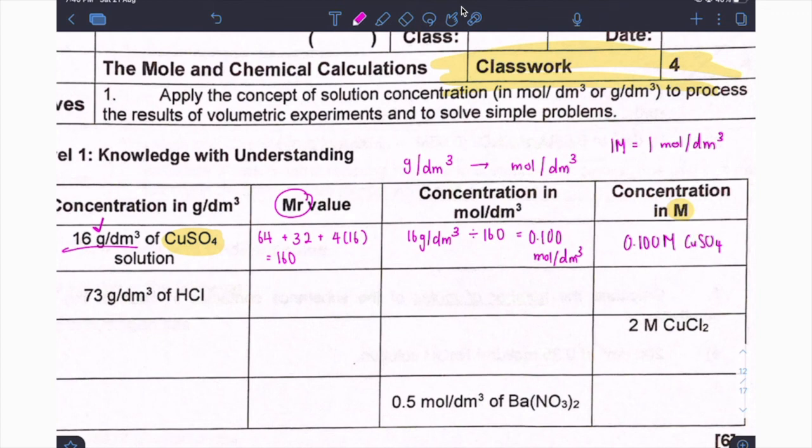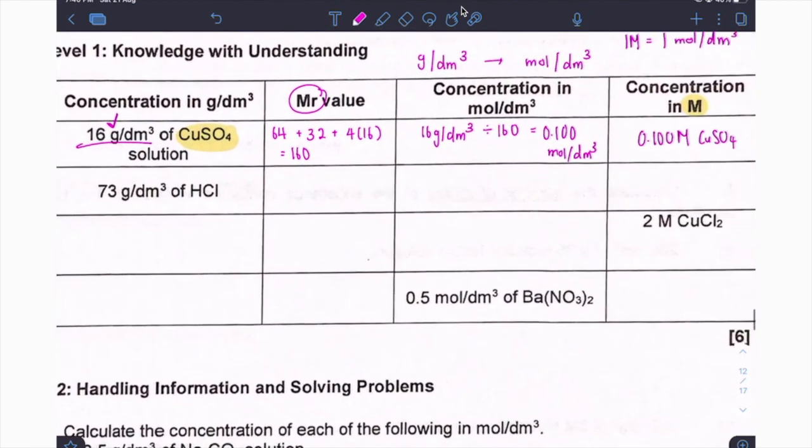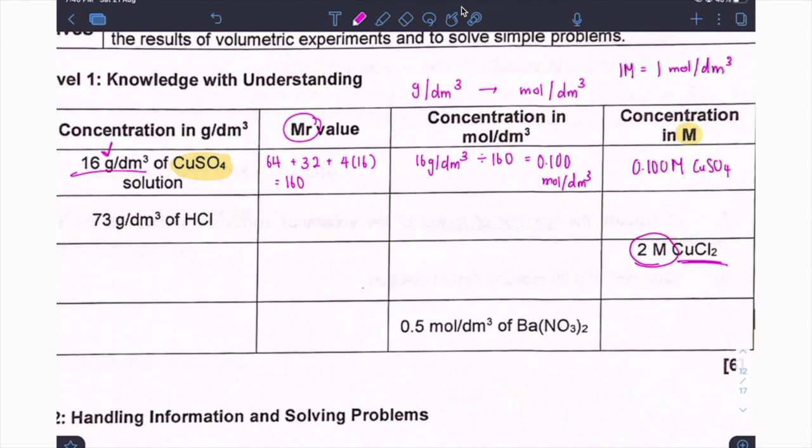Alright. You should be able to do the reverse, right? So let's just jump the gun and look at number 3. Over here I have copper 2 chloride, right? They give me 2 molar. So what is the concentration in terms of mole per dm cube? Same thing, so my concentration is simply 2 moles per dm cube. What is the MR?